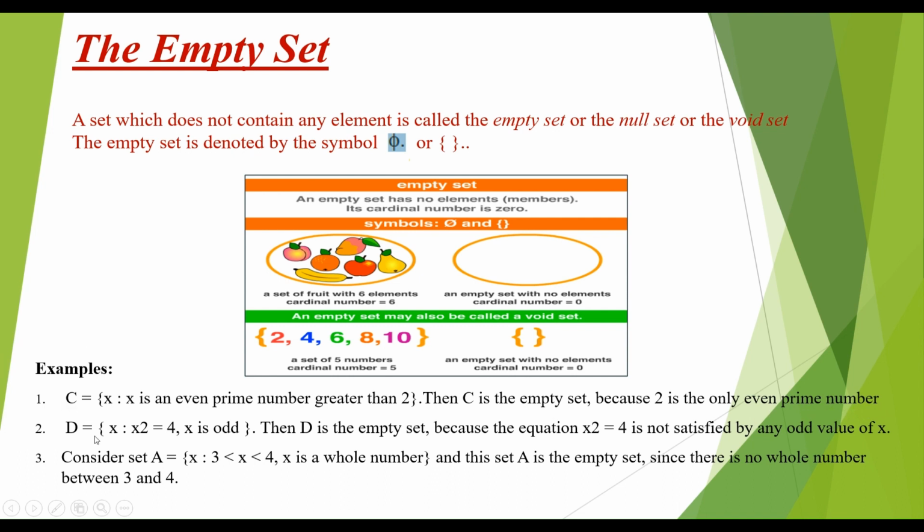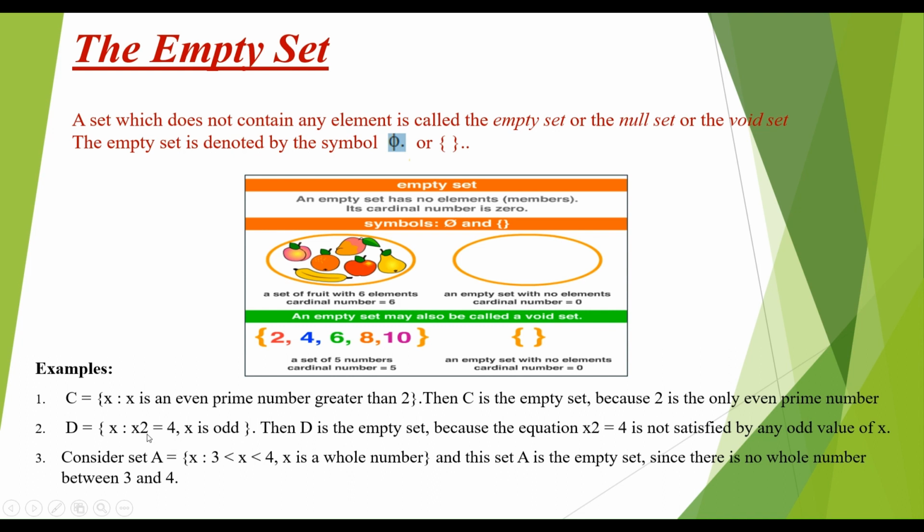Next, you see. D is {x : x² = 4, x is odd}. Now tell me, is this an empty set or not? Yes, it is an empty set. Why? Because they say the value of x should be odd. Whatever you do, the value will not come out as odd. 1 squared is only 1. 2 squared is 4, so the answer comes from an even number.